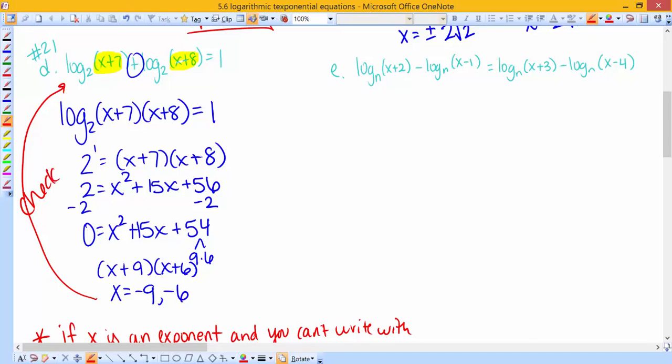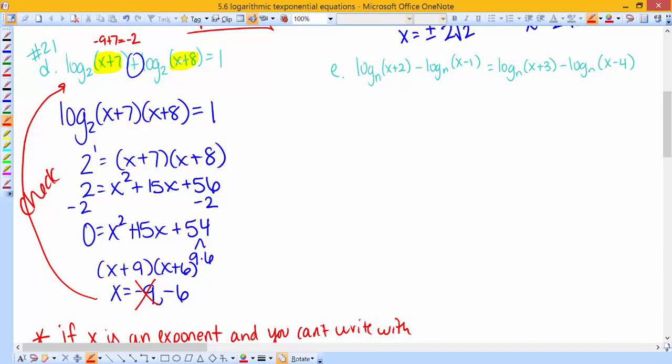Start with negative 9. Negative 9 plus 7 is negative 2. Cannot be negative. So immediately I can eliminate negative 9. It doesn't even matter if it would work in the next one, which it doesn't, but it wouldn't matter. As soon as you get a negative, you can eliminate it. If I were to get a positive the first time, you still have to check that second one.